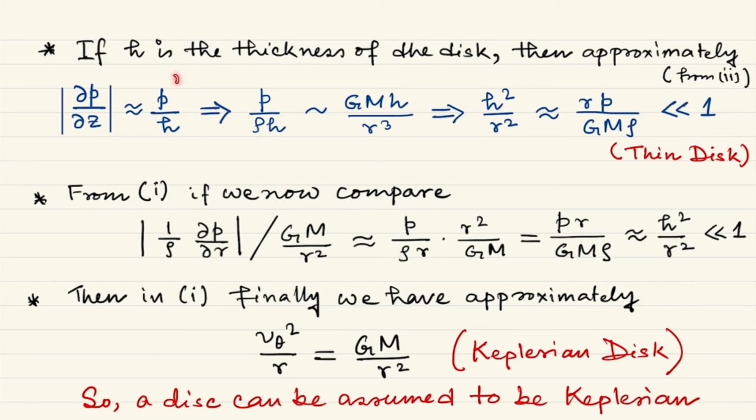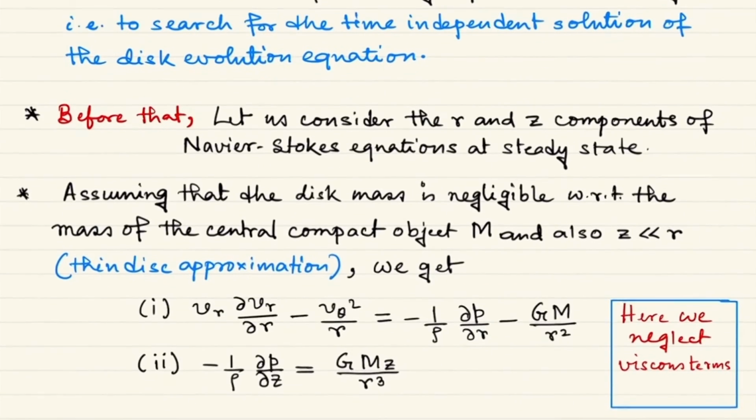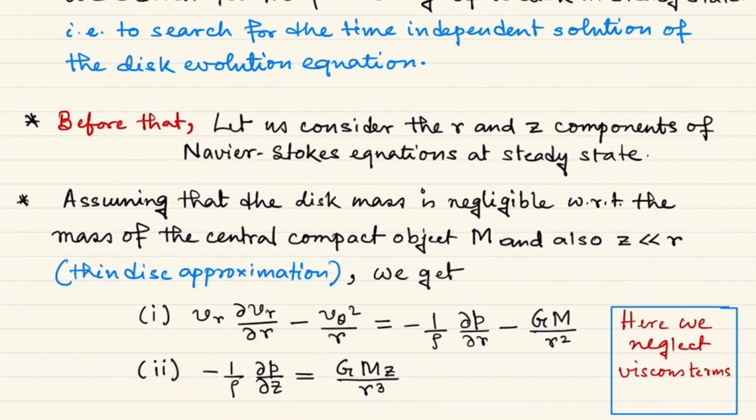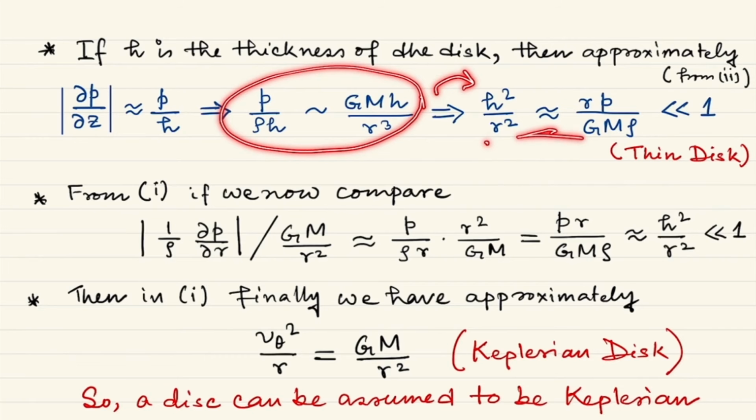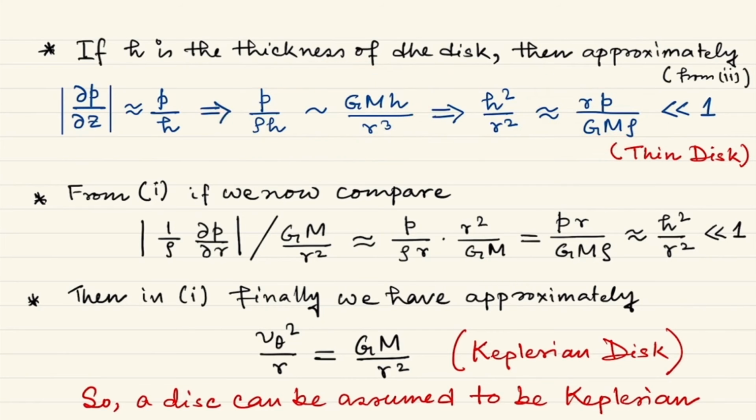So that is nothing but P by H. And then, using this last equation, you can say finally that P by rho H is almost of the same order as GmH by R cube. And if you do this one line calculation, you will see H square by R square is approximately equal to R times P by Gm rho, and this is less than 1.